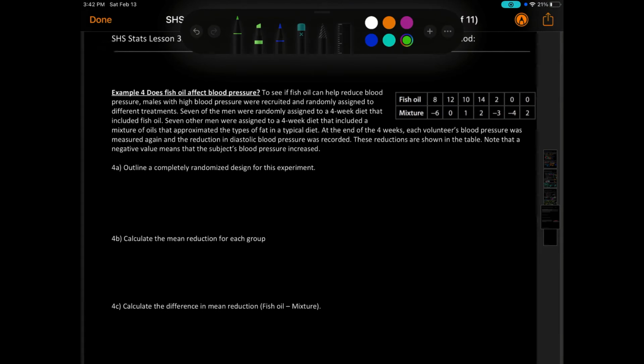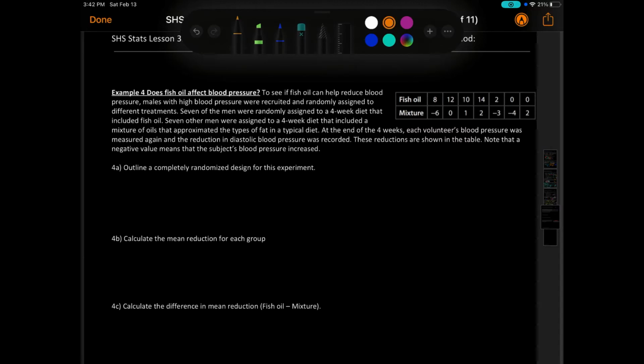Okay, so on page 4, you have this example of, does fish oil affect your blood pressure? I'm really interested about this one because I always thought about taking fish oil. Is it healthy? I want you to try it and then go ahead and press play to see your answers. Okay, first it tells us to outline a completely randomized design for this experiment.